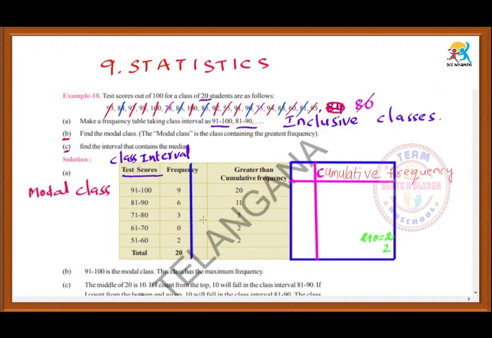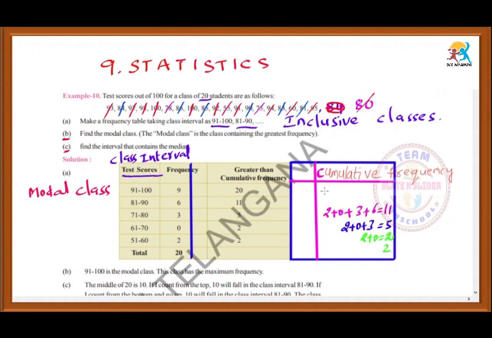Next take 2 plus 0 plus 3, that is equal to 5. Next 2 plus 0 plus 3 plus 6, that is equal to 11.